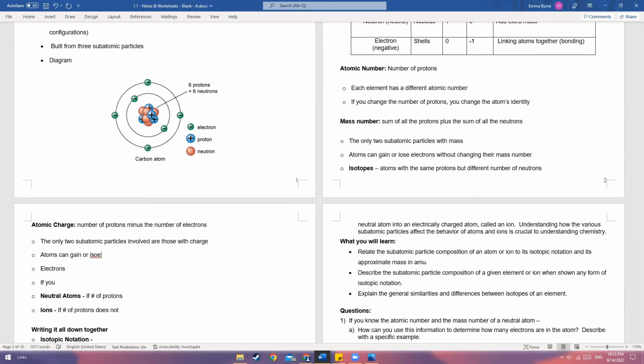Atoms can gain or lose electrons. You'll remember me saying earlier in this video, that's how they initiate that atomic linking, or the bonding as we call it. So atoms can gain or lose electrons, and electrons are a variable subatomic particle.